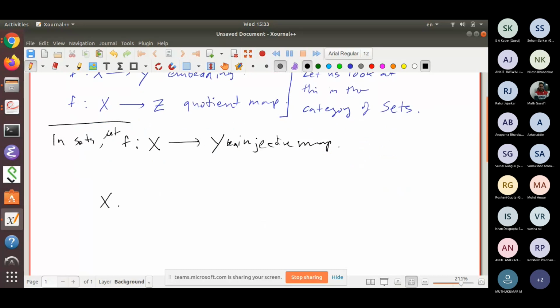So if F from X to Y is injective, and Z is any other set, and G is any other map from Z to Y with the property that image of G is contained in image of F.